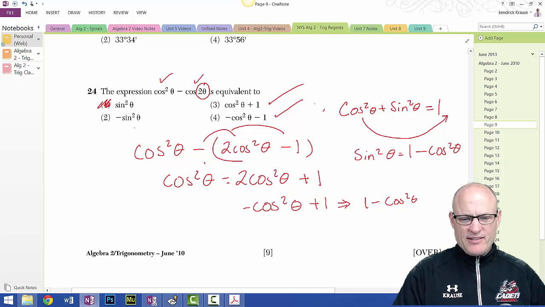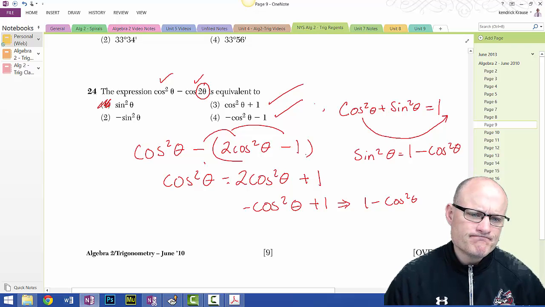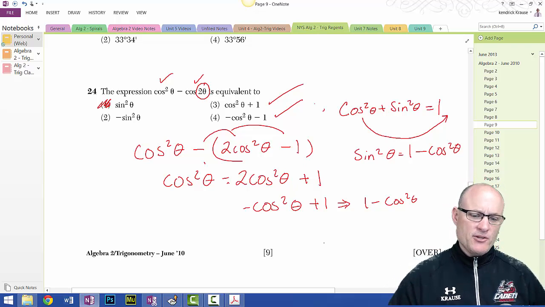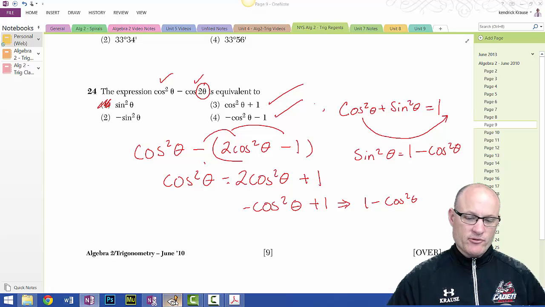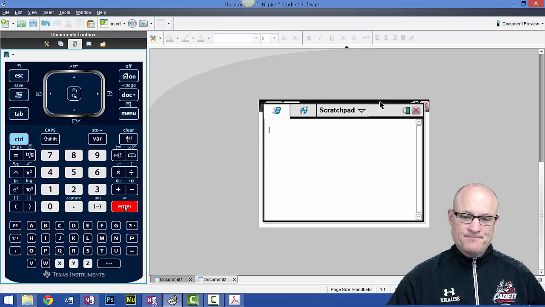But let's see if there's another way to do this one. I wonder if there is. I believe there is. Let's try using a calculator. I'll bet there's a way to do this using a calculator. Let me get rid of all this. Get a fresh screen. It was cosine squared, so let's do parentheses.